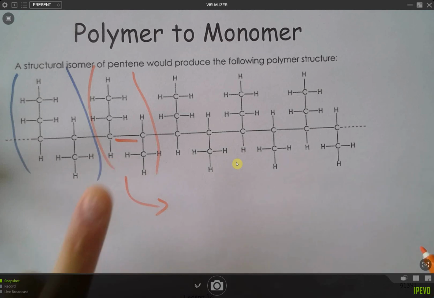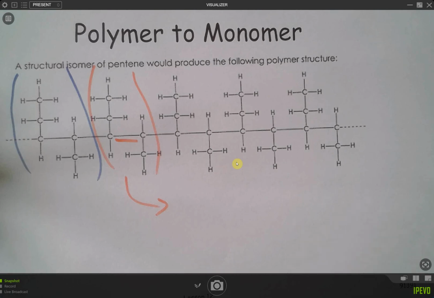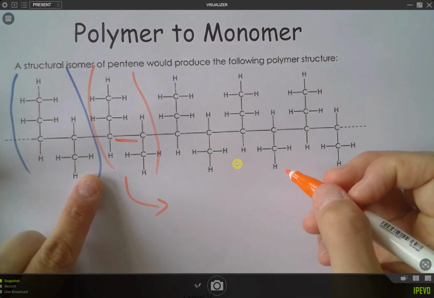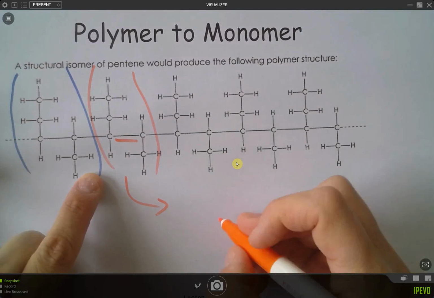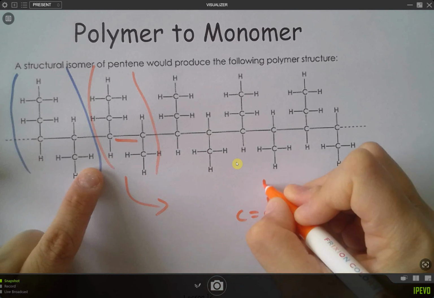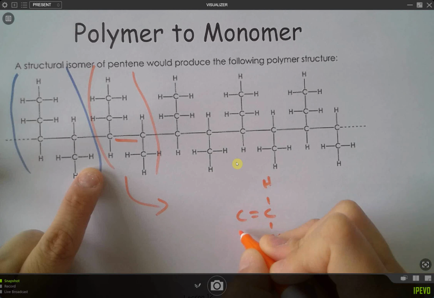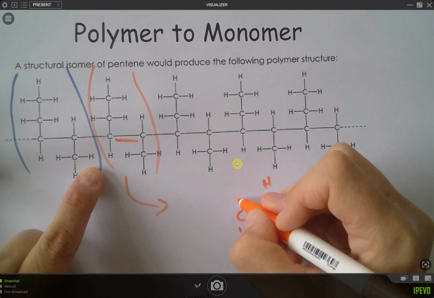So once I break up my polymer, I'm going to have to add in the double bond. If I was to draw it out, we would have C double bond C, H, CH3, H, and then CH2, CH3.